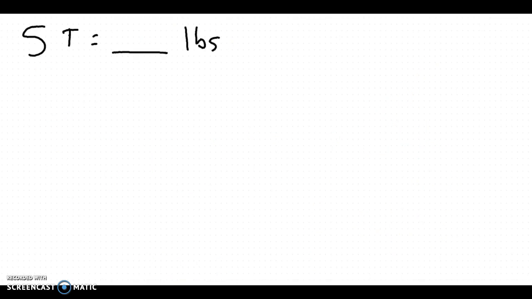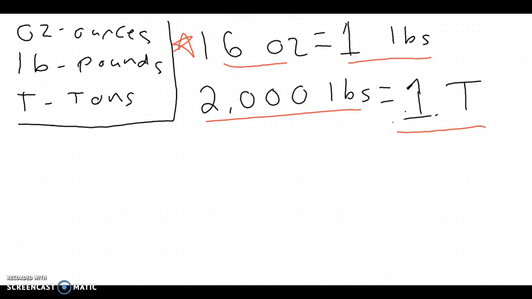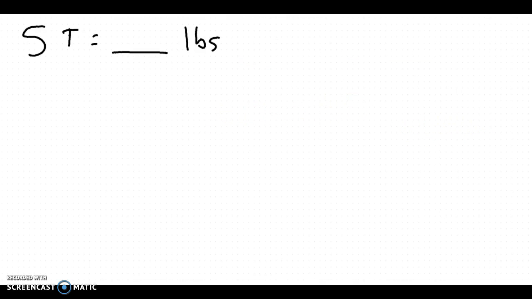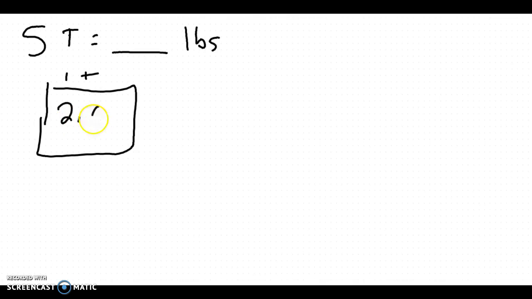All right, let's look at an example with tons. So we have 5 tons equals blank amount of pounds. So if we go back to our conversion chart, we know that 1 ton is 2,000 pounds. So in my model, I would have 1 ton, that's my square, and that would be 2,000 pounds.